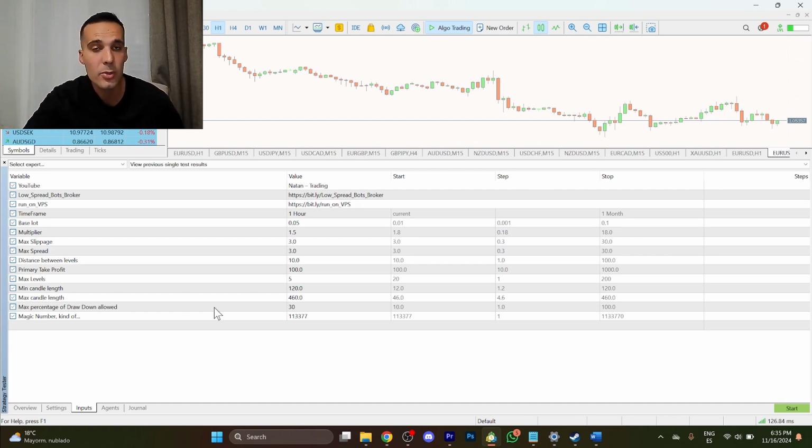At the same time, you are going to be taking a lot more losses if your drawdown allowed is lower. Just play with it, play on demo, do some backtest, try different parameters, and it depends on your trading.